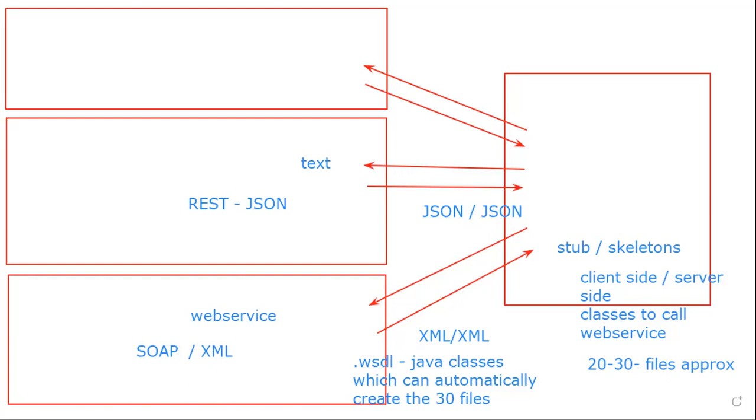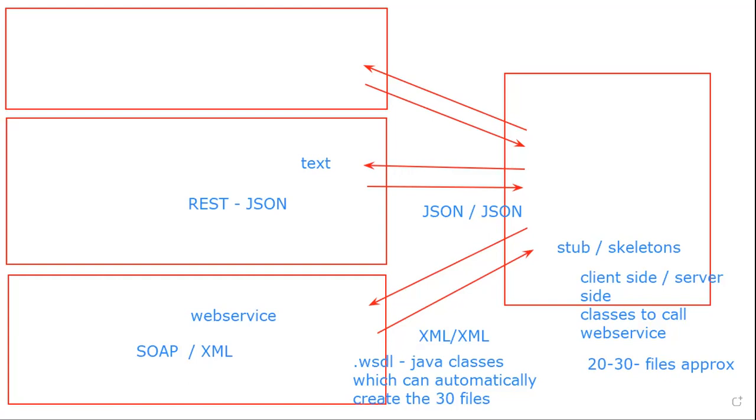That means, Rajesh, the XML format file is going to be read by the web service. We have like two boxes, right? The web service, and on the right side we have stubs and skeleton. Correct. Stubs and skeleton will be in your machine, the client machine. That will create the XML data and send it out to the web service.